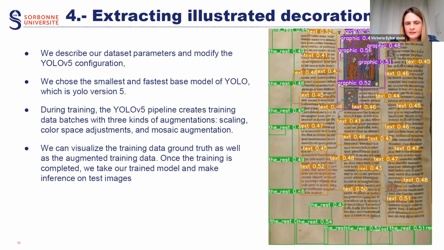We use the smallest and fastest base model of YOLO, which is version number 5. So after describing our parameters and modifying the YOLO configuration, we make inference on the test images, and we obtain a result like this one, in which we have a graphics part, text, and the rest, which is the background on the margin.